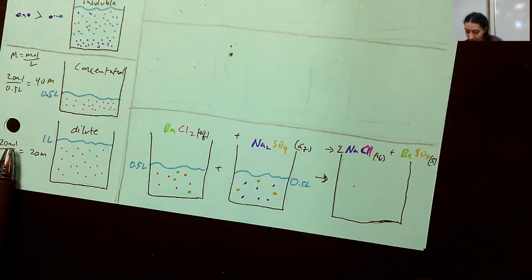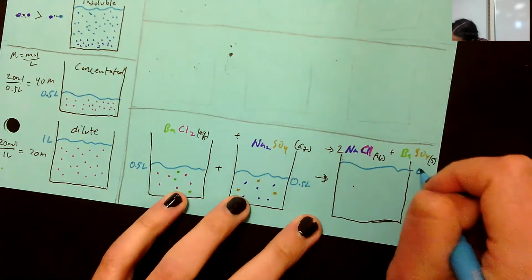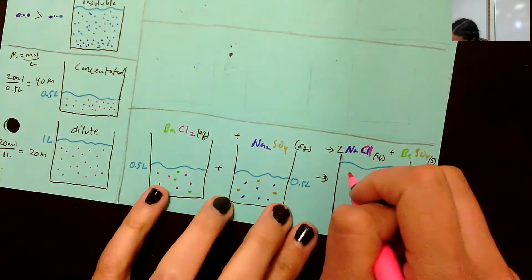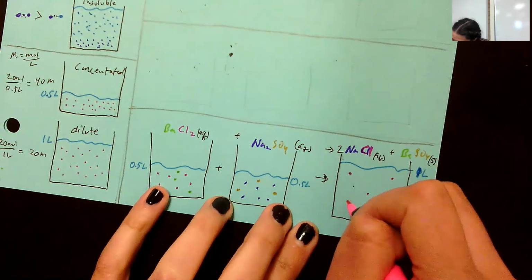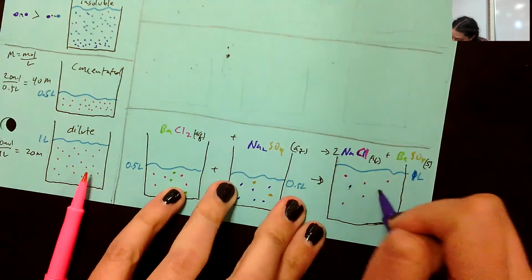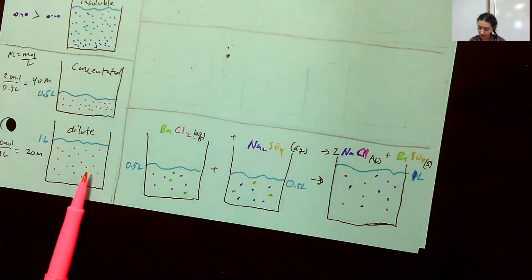When we pour these two together, a couple of things are going to happen. First of all, the volume is going to double. Because we're mixing them together, we're going to be at 1 liter instead of 0.5. The chlorine and the sodium are just going to still be around. 1, 2, 3, 4, 5, 6, because they're going to dissolve.